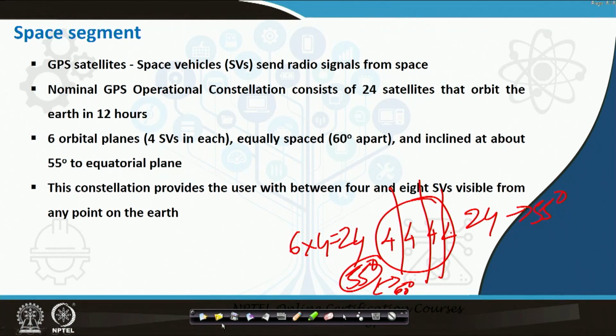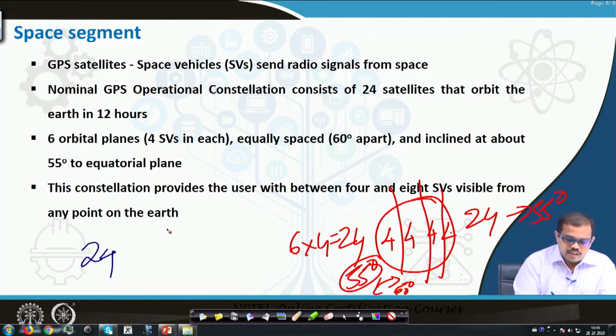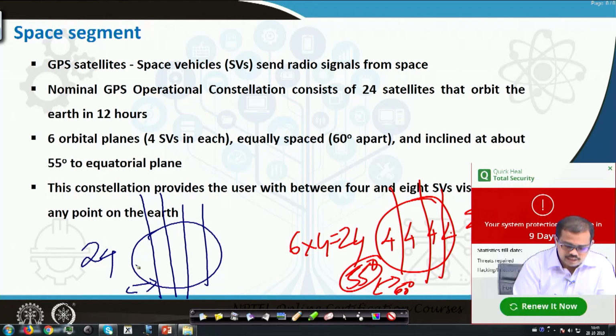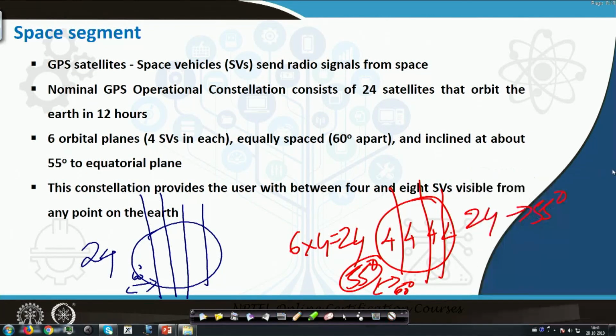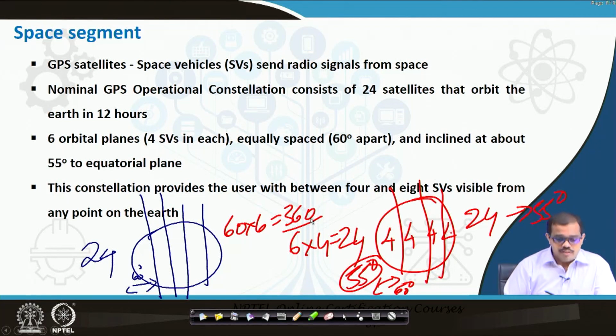Let us say we have 24 satellites. When you look at the Earth surface, it is divided into 6 planes, each plane at 60 degrees. 60 into 6 planes is 360 degrees, which covers the entire Earth surface.